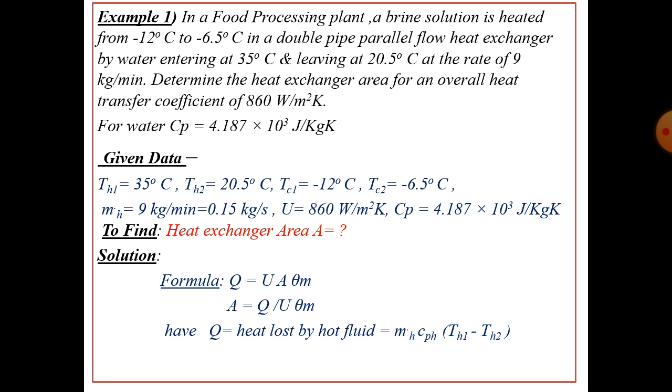Further, it is given that for water, the specific heat Cp is equal to 4.187 into 10 raised to 3 joule per kg Kelvin. This is the given data. We need to find the heat exchanger area A.